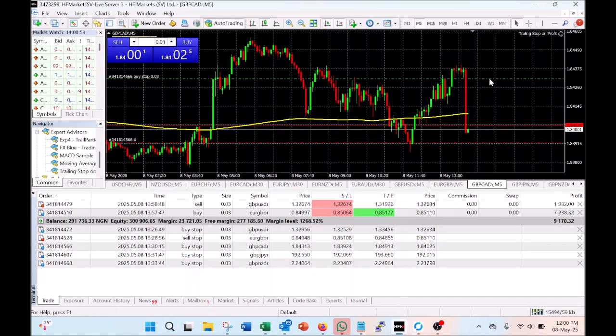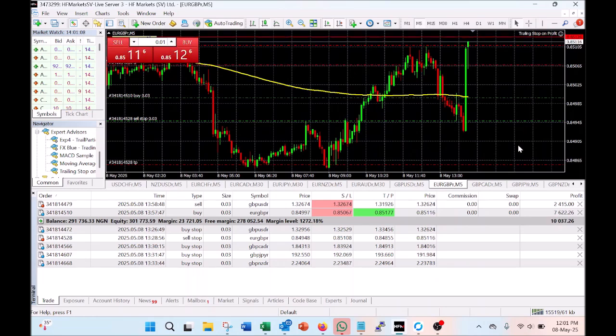So yes, okay, good. The British pound USD is in profit zone. The Euro British pound in good profit zone. Wow.